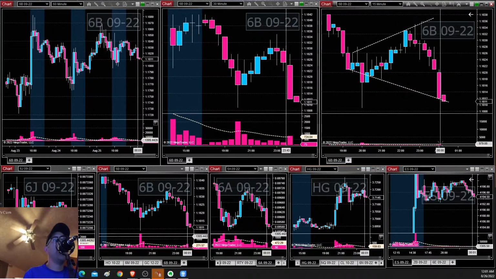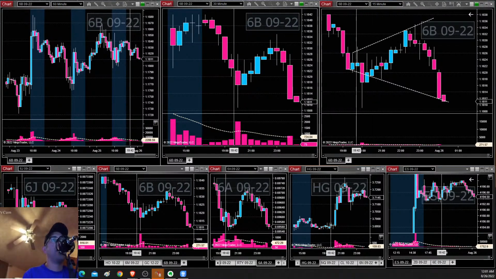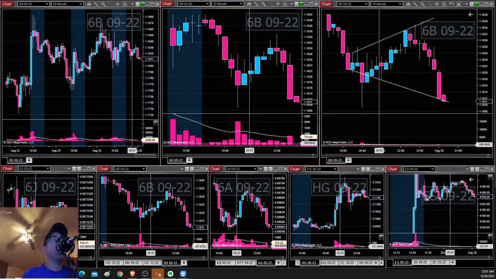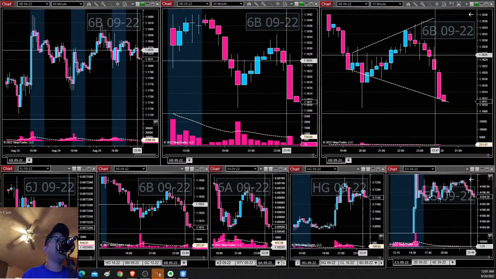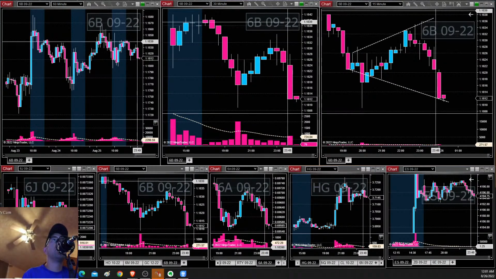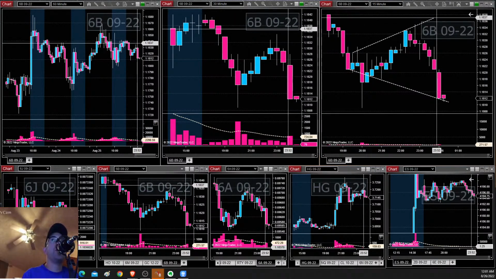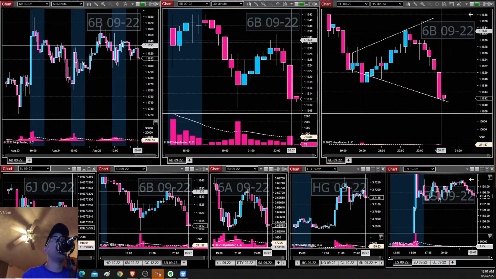That's all we're doing, trying to complete the broadening formation. So we completed this broadening formation. We're completing it right now. And it's part of this bigger broadening formation right here. That's the real big broadening formation.